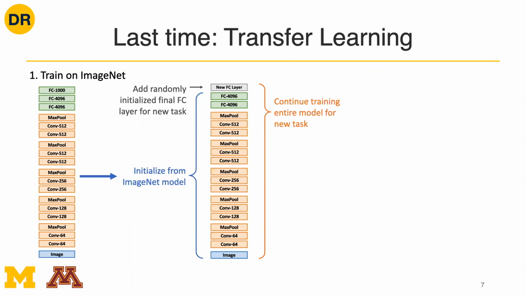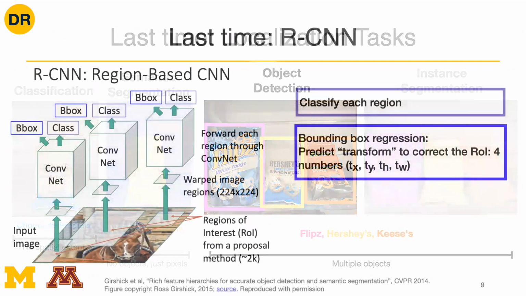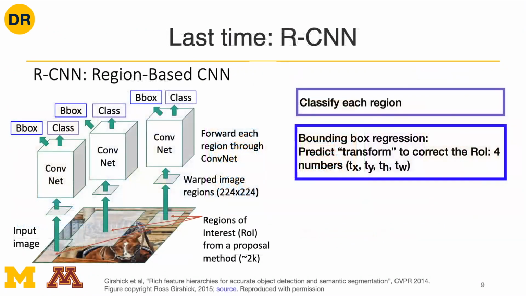We also talked about the localization task or object detection, how classification is being used as a building block for doing object detection. And more specifically, we talked about RCNN, which is region-based CNN.